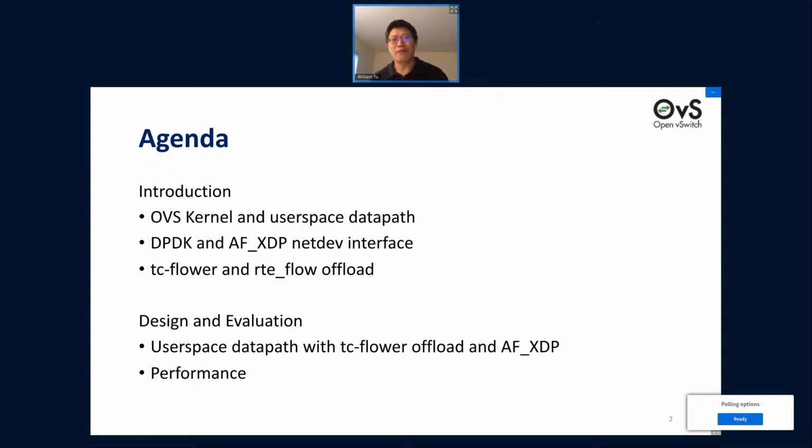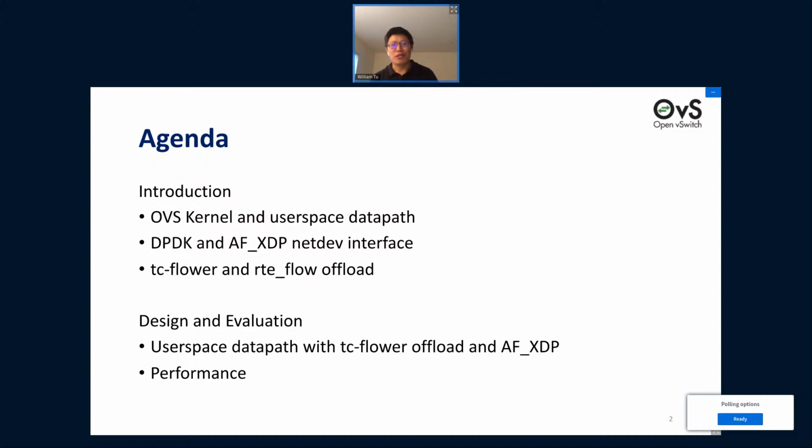Majorly we have 2 or 3 data paths of OVS today. And then a data path has to couple with a packet IO library, to send and receive packets. So I'll talk about DPDK and AFXDP. These are the 2 ways to send and receive packets to the data path.